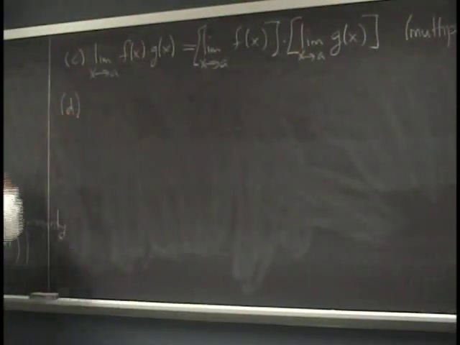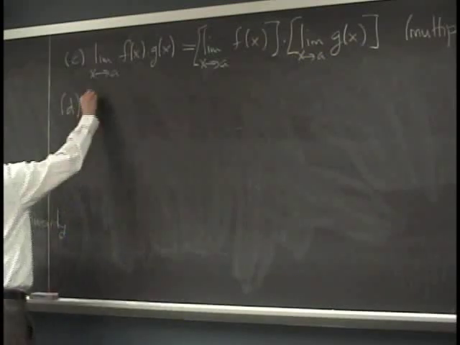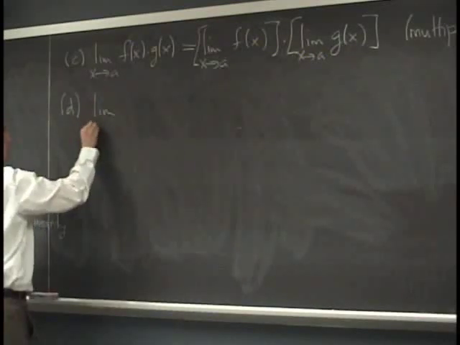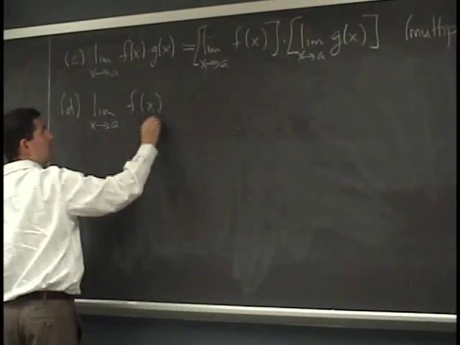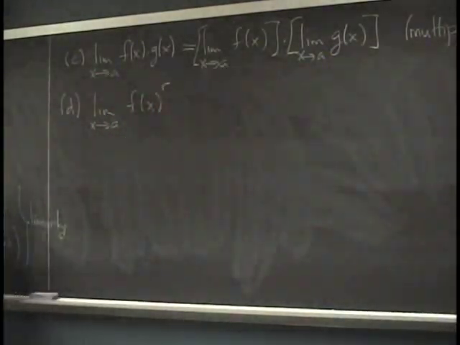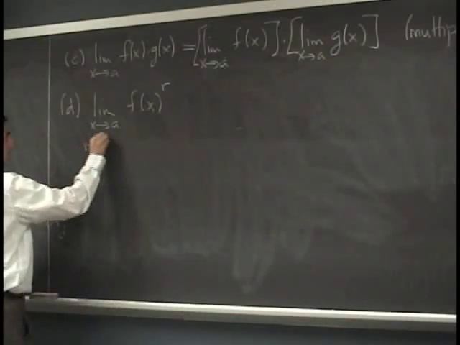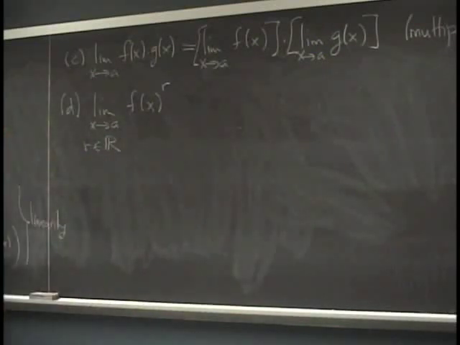Okay. Let's see another one. How about this? Let's say I take my function and I raise it to a power. Okay, so here r is a real number. Again, what would I like to have happen? Well, I'd like to be able to pull that exponent outside the limit. Right?